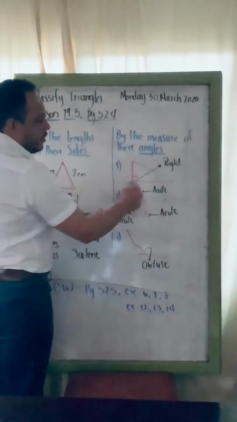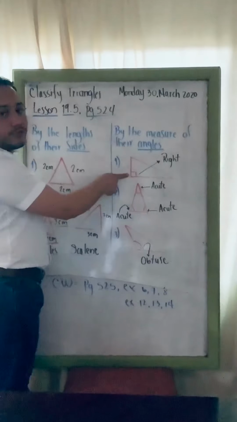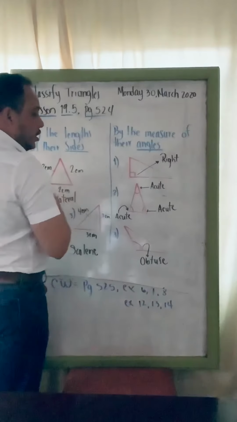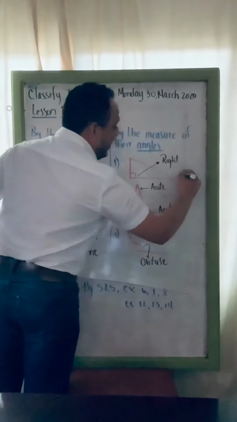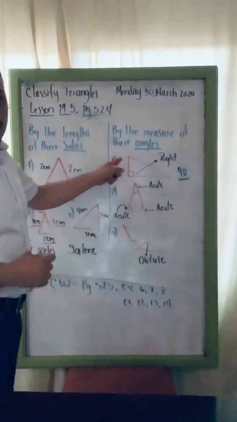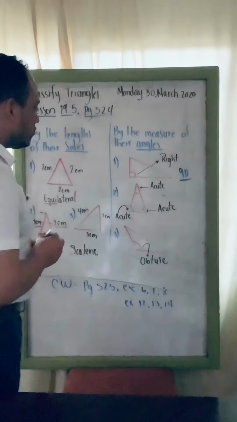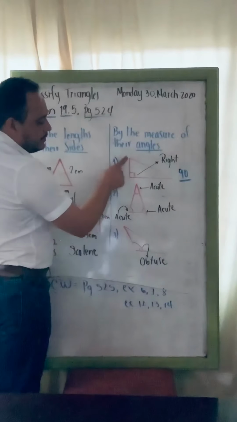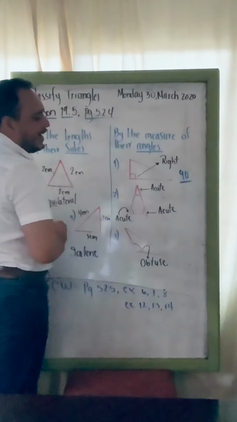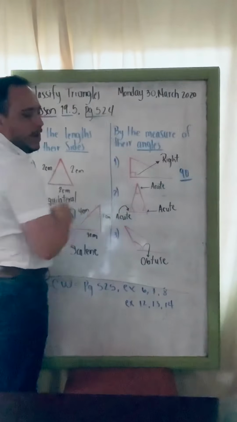Here we have this triangle, and it has one right angle, which measures 90 degrees. By the way, this was one of the lessons that you studied before. So if you have at least one right angle, this triangle is called a right triangle.